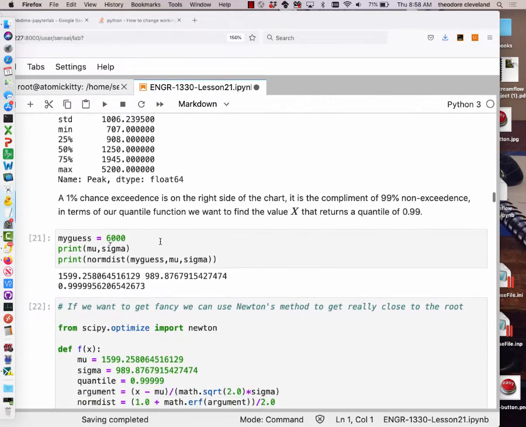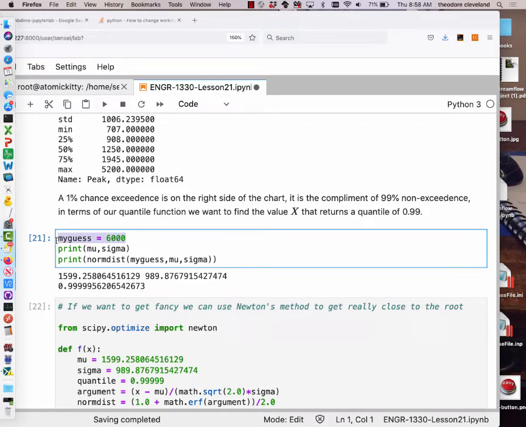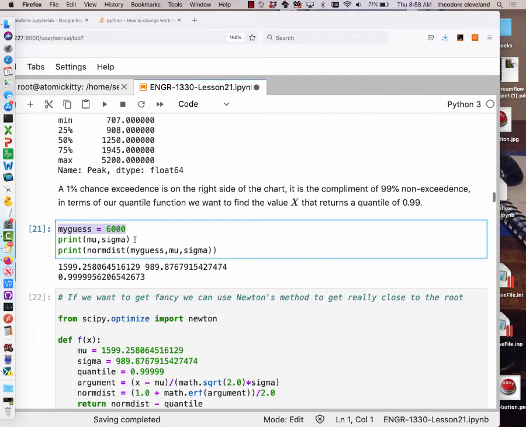But let's suppose we wanted to know what the associated estimated probability is of a value of 6,000 or bigger. We can assign 6,000 to a variable named myGuess because I have no better name for it. We can print the mu and sigma that we've already calculated, and we can put that into our normal distribution.